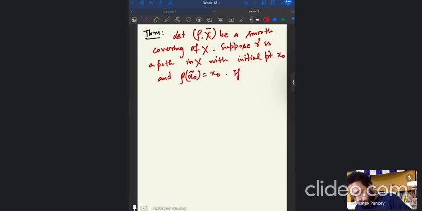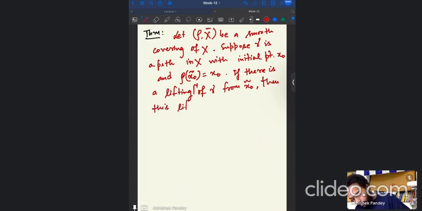If there is a lifting of gamma from x naught tilde, then this lifting is unique. Okay, so the proof is not that hard.